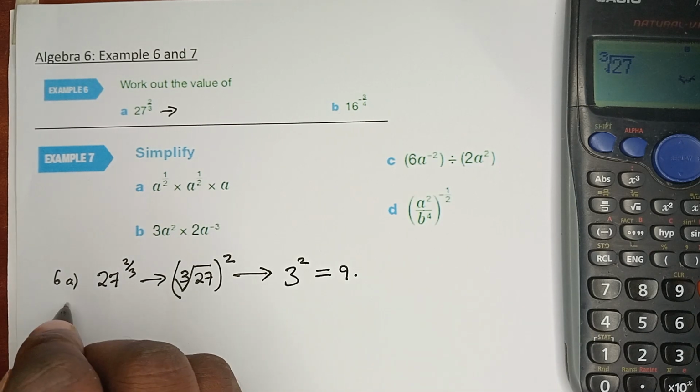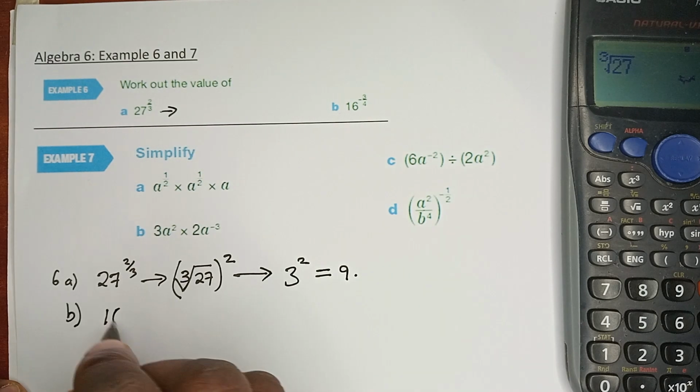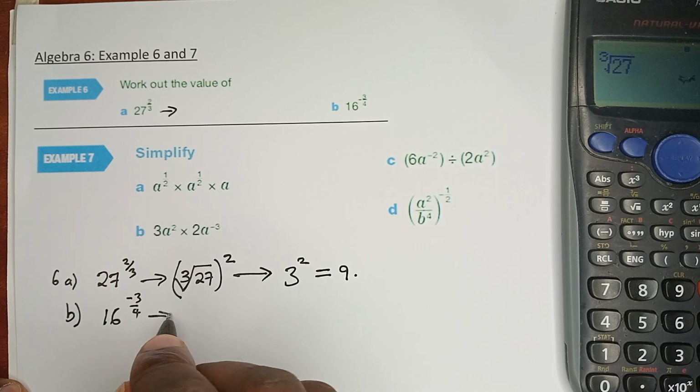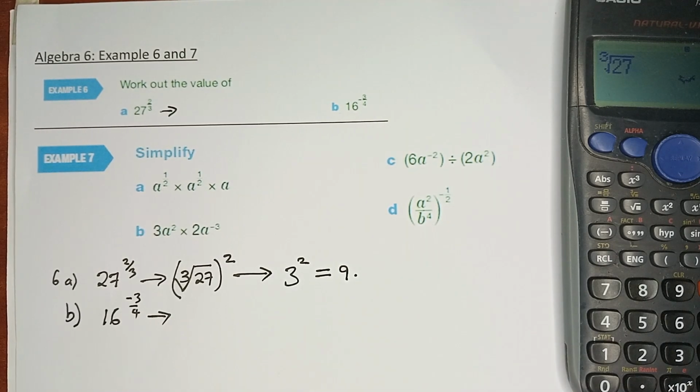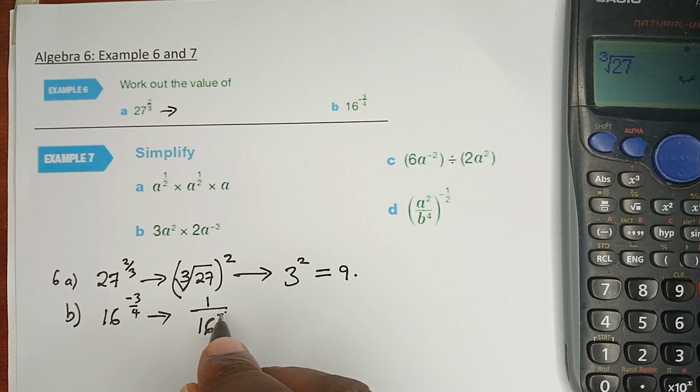What about part B? In part B, we have 16 raised to power minus 3 over 4. Again, in the same way, we know that this one is a negative index. And every time we are faced by a negative index, we talk about the reciprocal or the fraction of that number, which is 1 out of 16, which is again raised to power 3 over 4, not now minus 3 over 4.